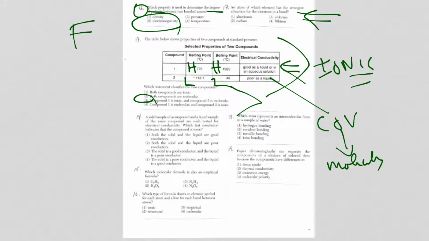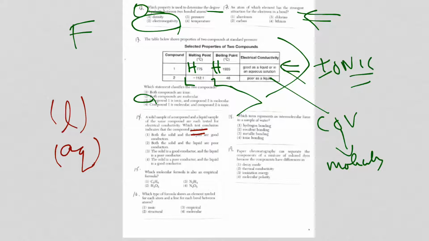Let's take a look at 14. A solid sample of a compound and a liquid sample of the same compound are each tested with electrical conductivity. Which test conclusion indicates that the compound is ionic? So again, you need to know that ionic compounds conduct electricity when they are a liquid or they're dissolved in water, right?